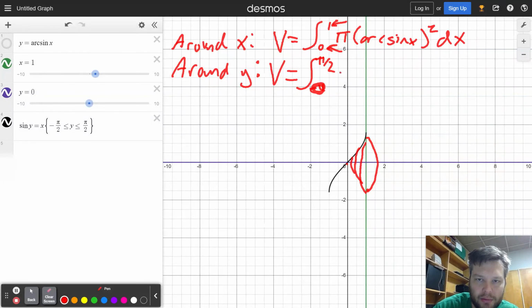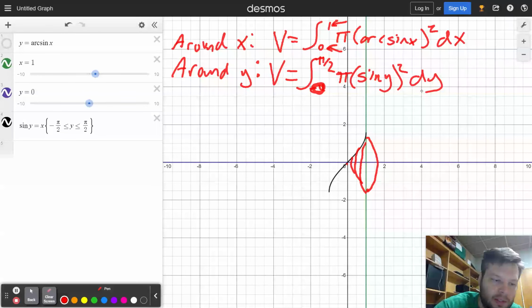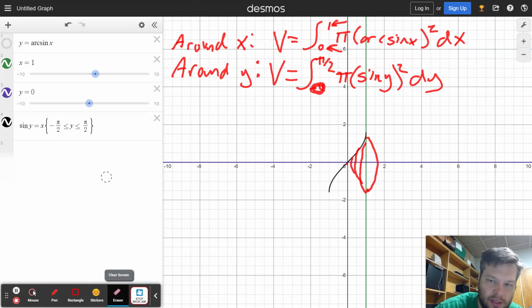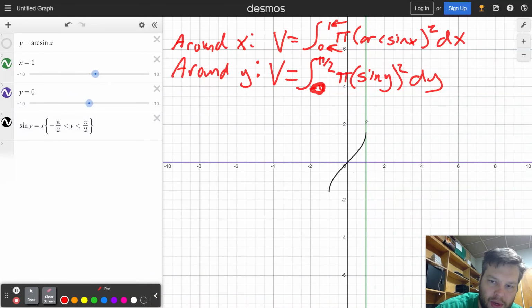So it's the integral from 0 to pi over 2 of pi times sine of y squared dy. Now I'm not creating this shape that was down there in red. I'm rotating it around the y-axis, so it's making this nice looking shape here.